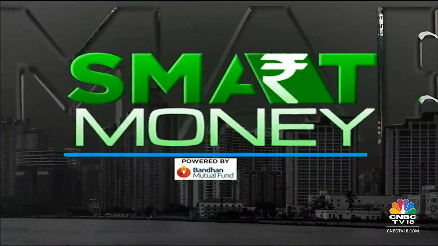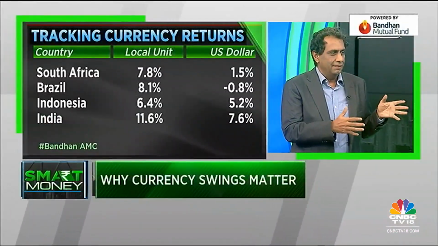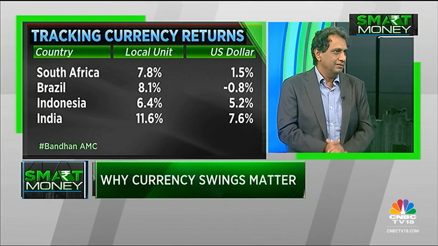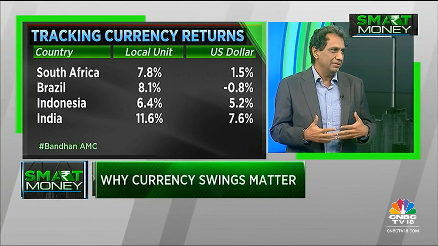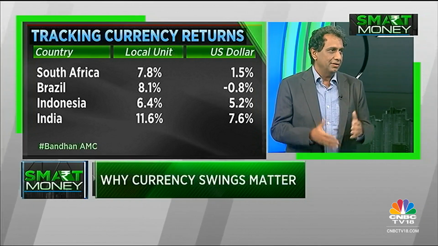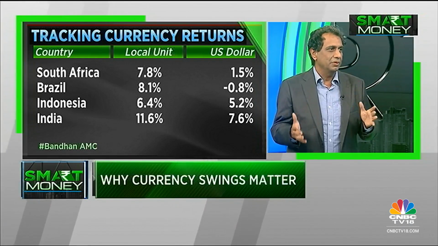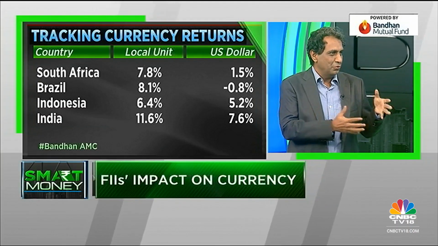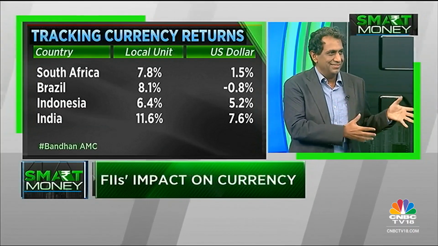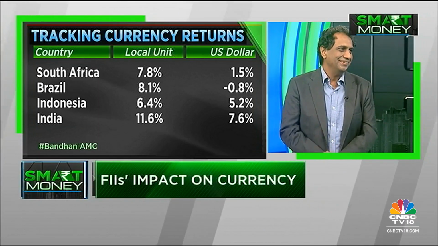South Africa, Brazil are not very different in local currency. It's about 7-8%. But virtually 1 or 2% in dollar terms. So you can imagine that for a foreign investor, why dollar currency movements are so important, because virtually the difference in dollar returns is coming more from currency or as much from currency as the local currency returns.